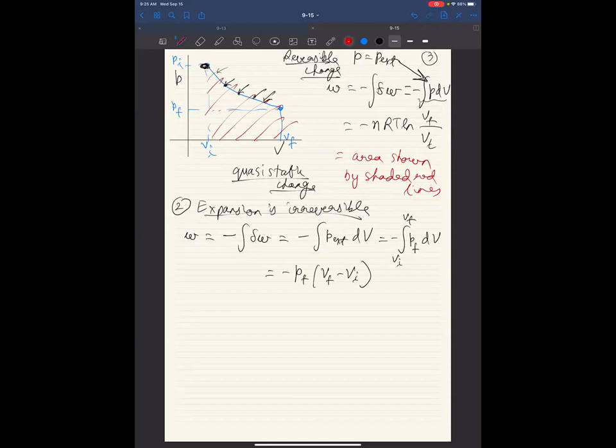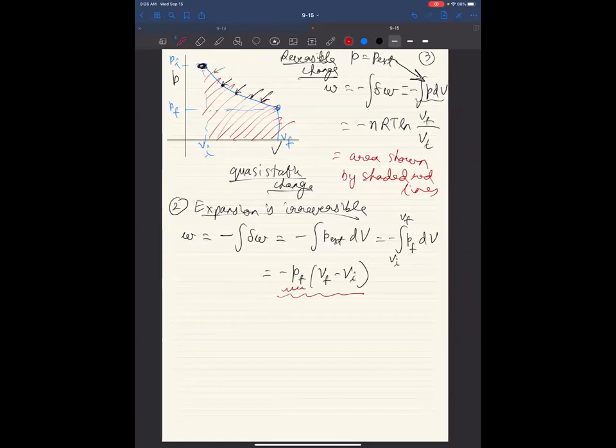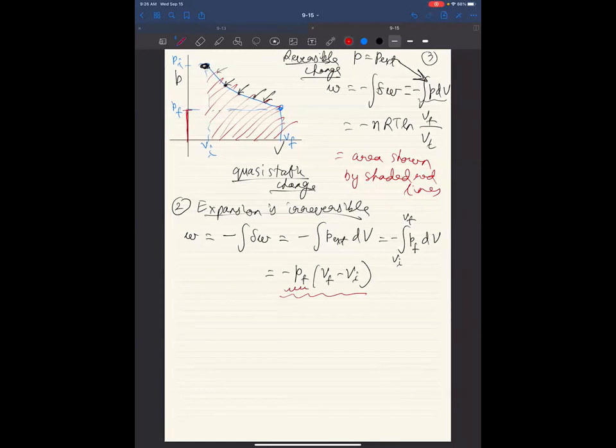So in this curve over here, the shaded red area was the work done during reversible change. How do we look at this area? How do we plot it in the curve above? Go ahead. It's the rectangle, right? PF is equal to this height, and VF minus VI is equal to this width.